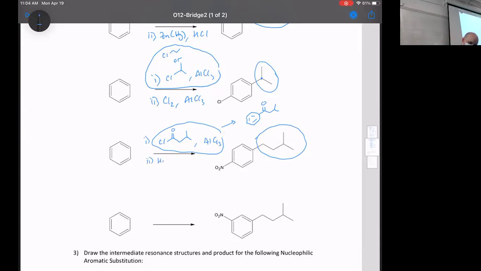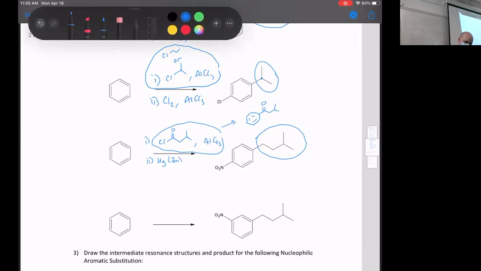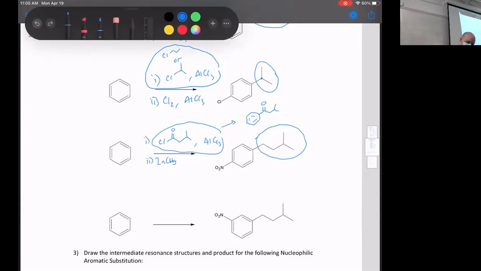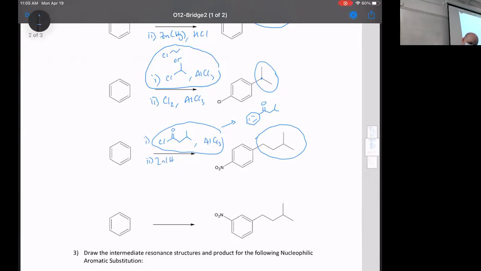So we can do our zinc with mercury, sorry, I went the other way around, and HCl. All right, and that would turn it into this. Okay, good. And then what?